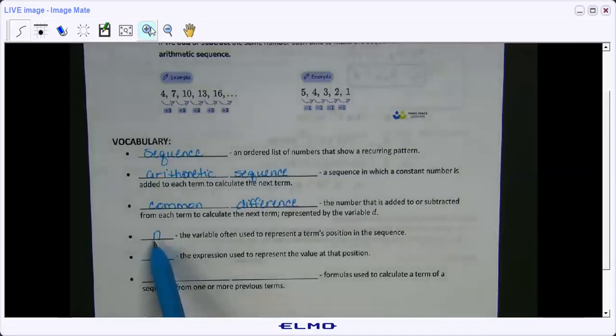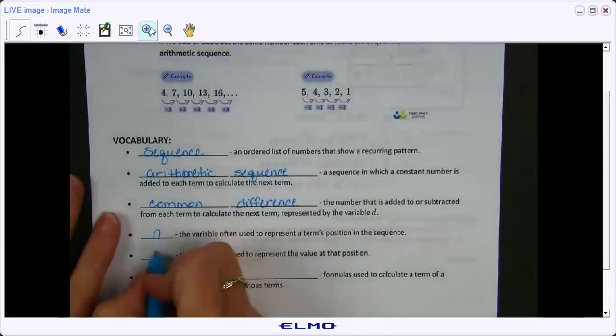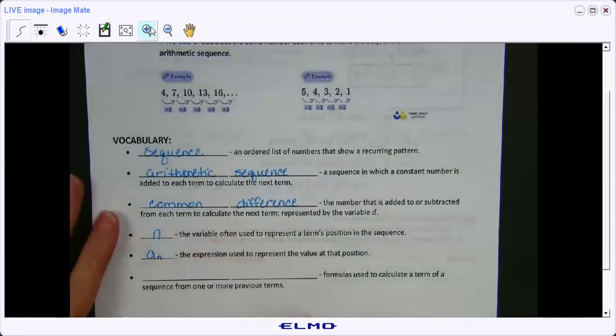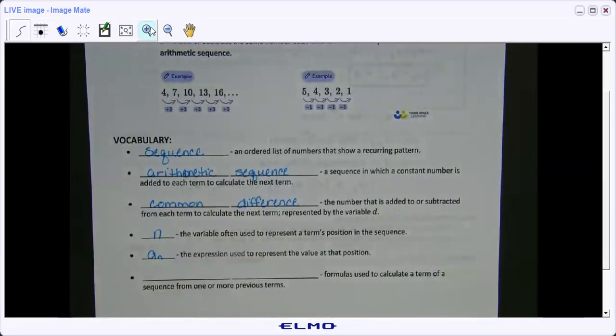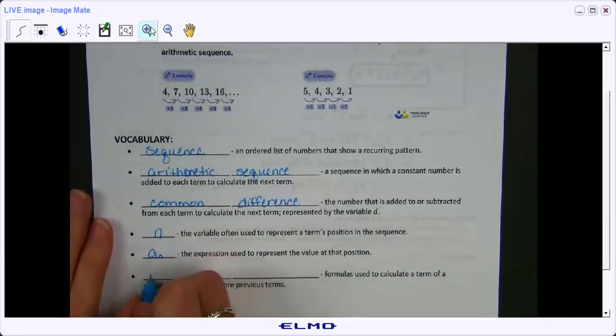And a sub n is the expression used to represent the value at that position. The 11th term is a_n, where a is the variable in front of that. And the formula that you use is called the recursive formula.